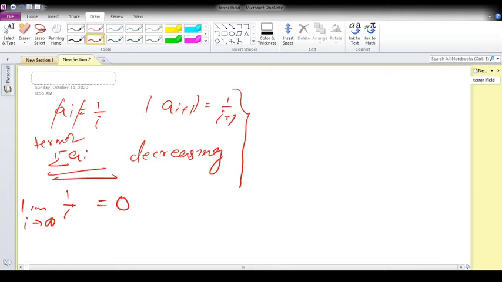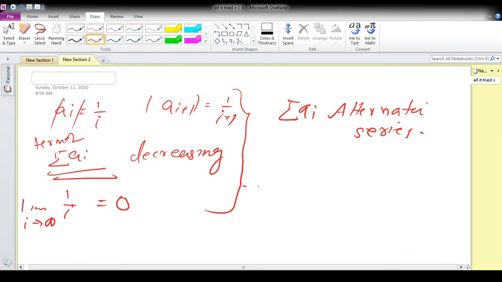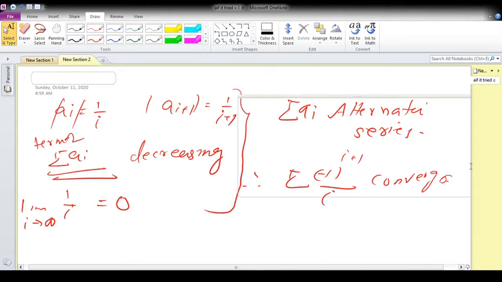The given series is an alternating series. Therefore, summation (-1)^(i+1) by i converges.